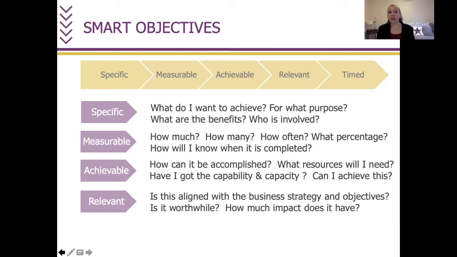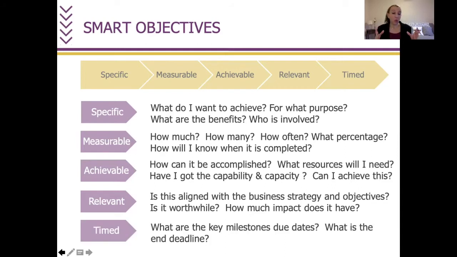Because when we come to the end of the year and we come to evaluation and distribution of scores, a lot of organizations these days have got a measure and a way of attributing scores based on impact. So just make sure that whatever you're working on has got some impact. And then timed, what are the key milestones and what is the end date? Those are the kind of things you want to ask yourself.